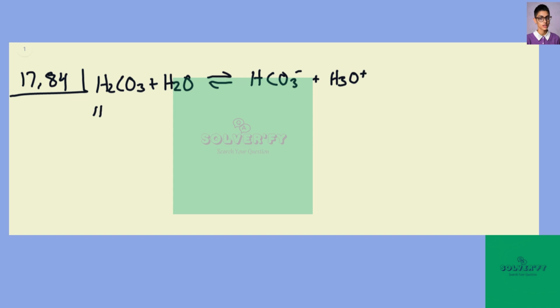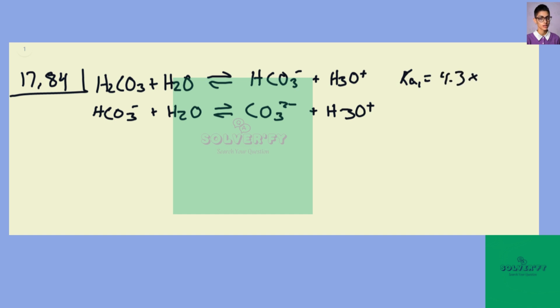And then the HCO3 minus will be in equilibrium with the carbonate, CO3 2 minus, and H3O plus. And our Ka1 is equal to 4.3 times 10 to the minus 7. And Ka2 is equal to 5.6 times 10 to the minus 11.